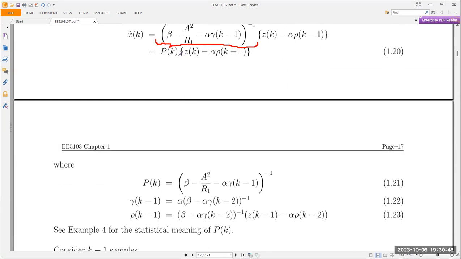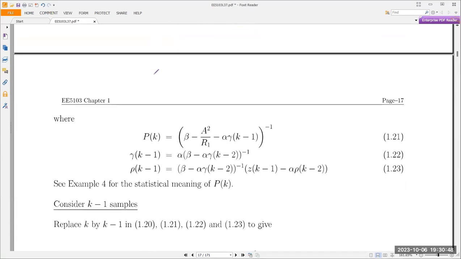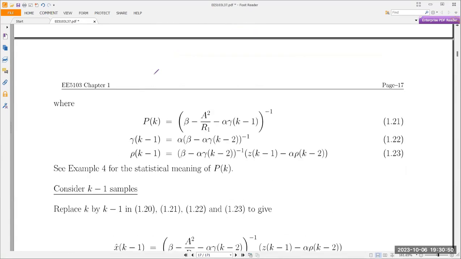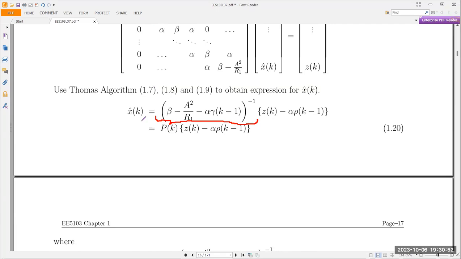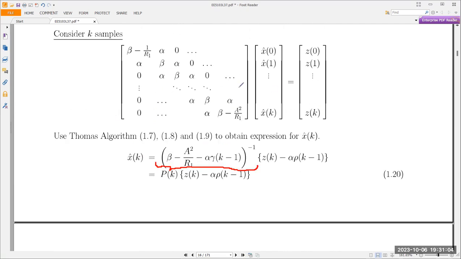All right, so that's it. So you got your xk. I say again, this formula, you go and match with the Thomas algorithm formula, then you get this, because this pattern is the same.